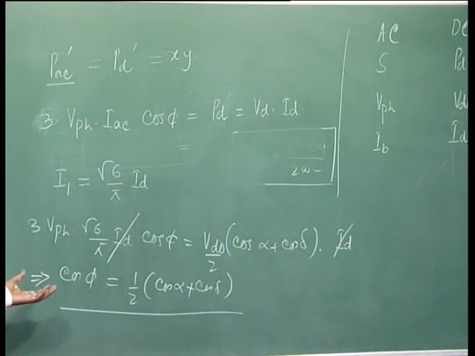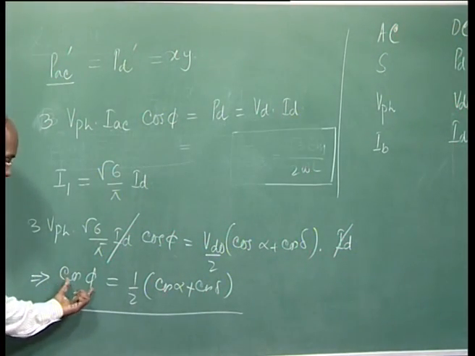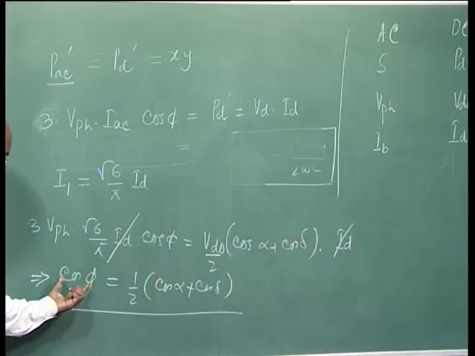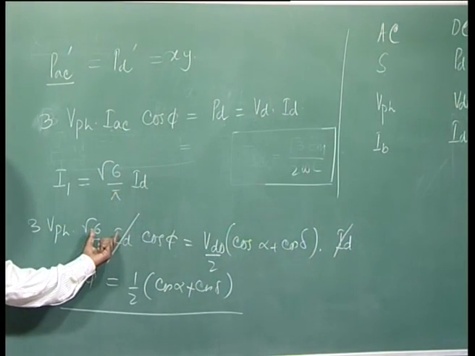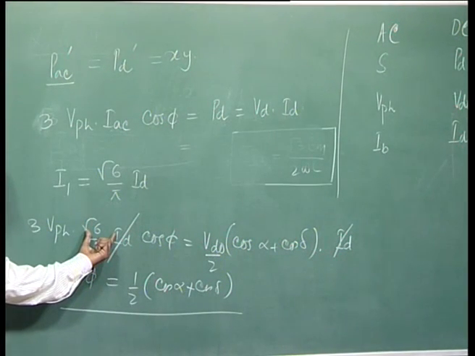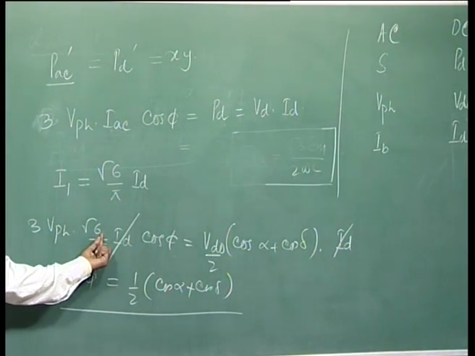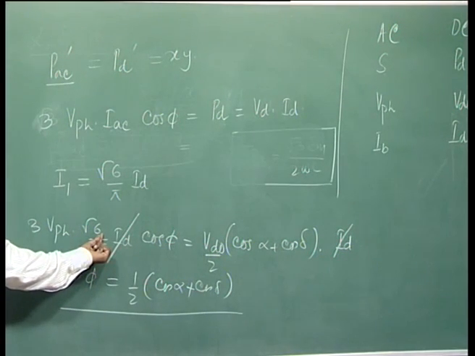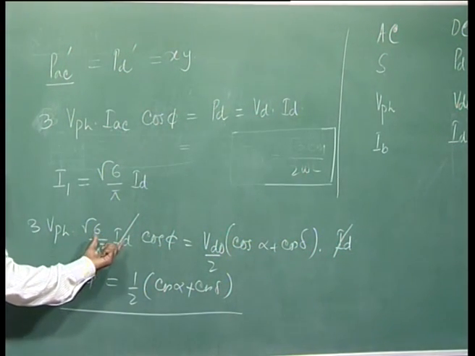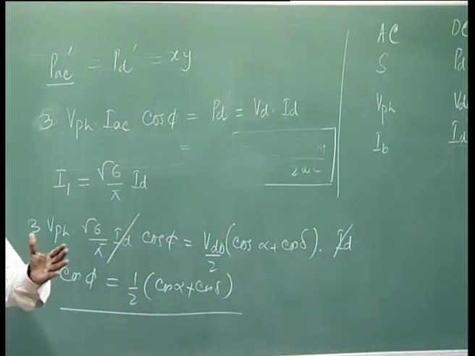And this already we proved earlier also. In this case only what will happen, the value which we are taking here is the case when it is the ideal case. This component was derived when there was no overlap. But due to overlap, this value will not be equal to that value, it will be slightly changed.